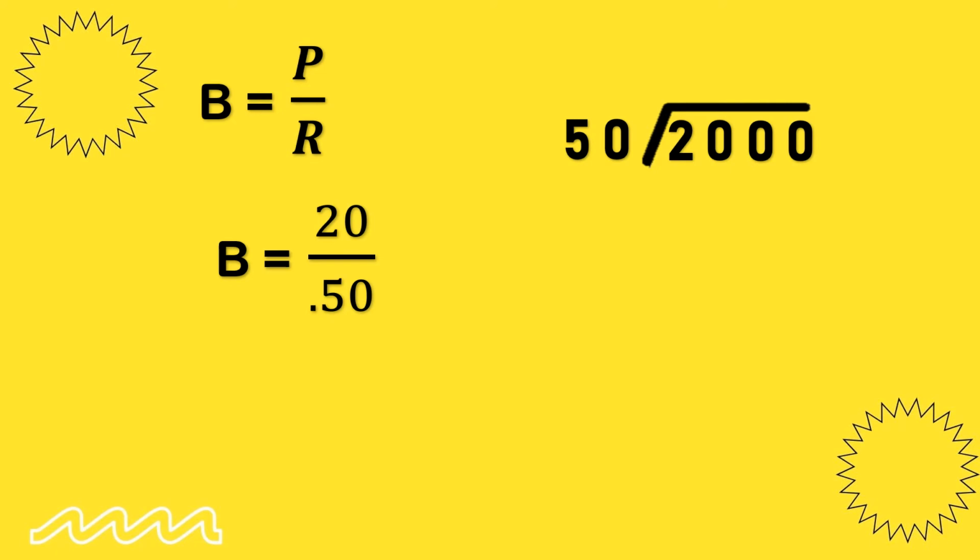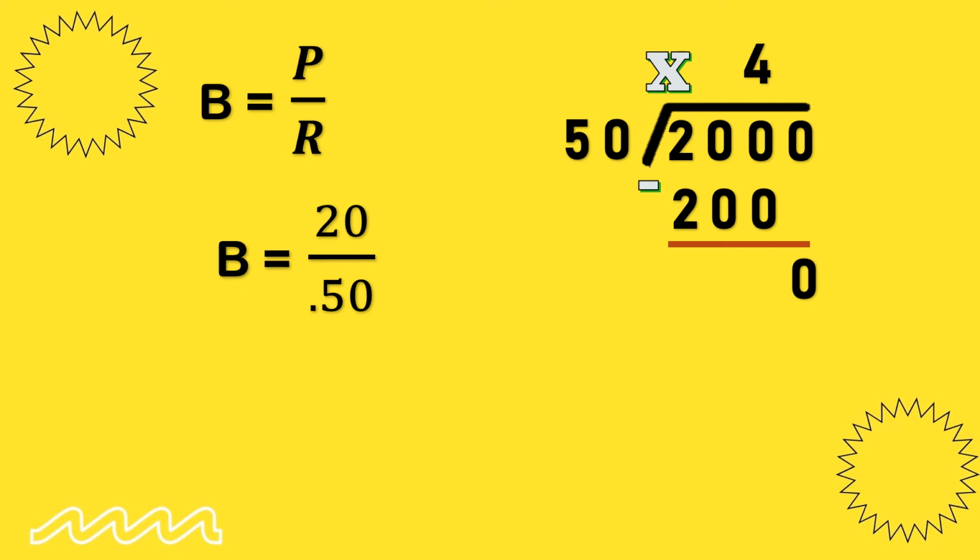So we have now 2,000 divided by 50. So 20 divided by 50 cannot be. So we will proceed to 200 divided by 50. Then 200 divided by 50 is equal to 4. 4 times 50 is equal to 200. Then 200 minus 200 equals 0.